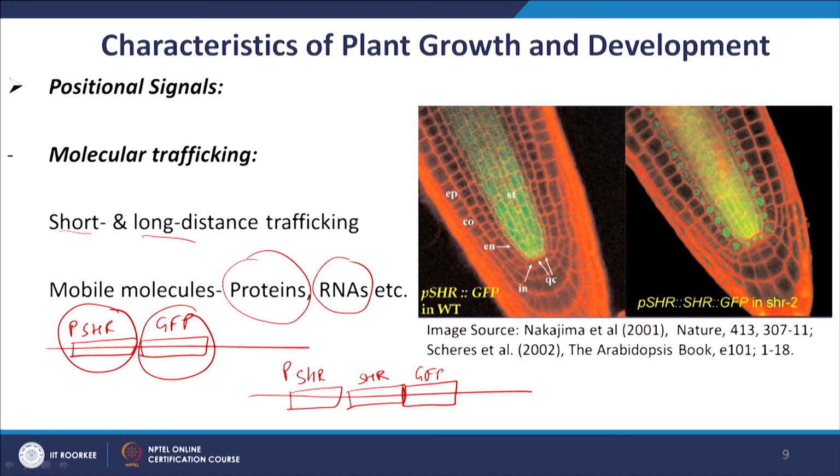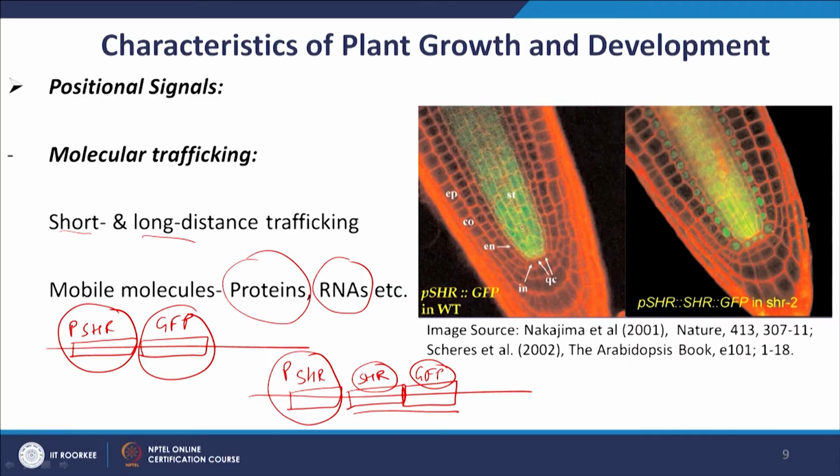So, here the first thing is that the promoter will ensure the domain of expression, and the GFP will ensure the localization of the short root protein. If you compare these two things, in the transcriptional fusion, you see just the domain where the gene is getting transcribed.